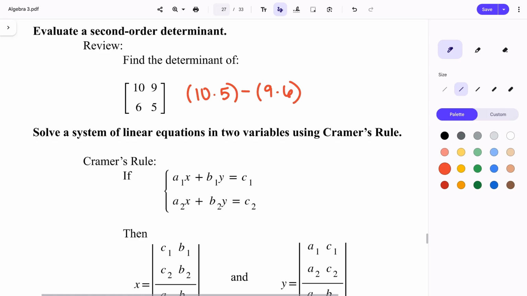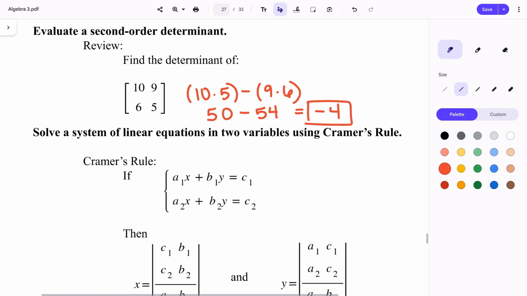So this would be 50 minus 54. And so that would come out to be -4. That's just how you always evaluate a 2 by 2 determinant of that matrix. You're just going to cross multiply and subtract.